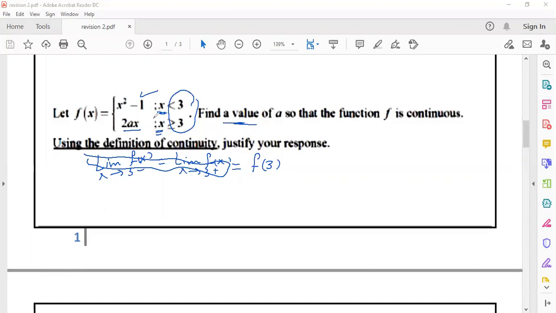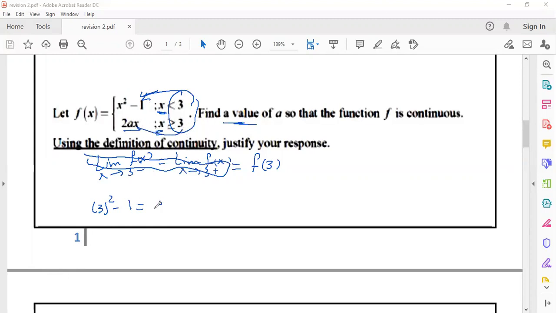The limit of f of x when x approaches 3 from the left, it means less than 3, so I have to replace in this rule. It will be 3 squared minus 1, equal to the limit of f of x when x approaches 3 from the right. I have to replace in this rule.